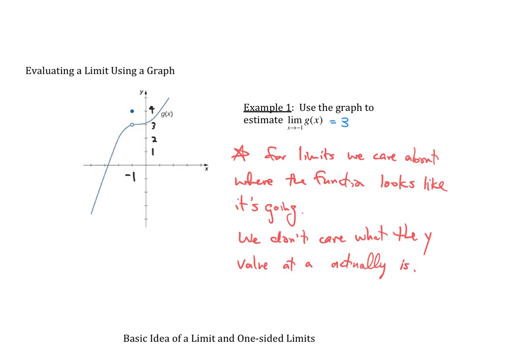So to make it perfectly clear, the limit as we approach -1 of g of x is equal to 3, even though g of -1 happens to be equal to 4. The limit is different from the actual function value. We only care where it looks like it's going. It looks like it's going to 3, but it happens to be equal to 4.